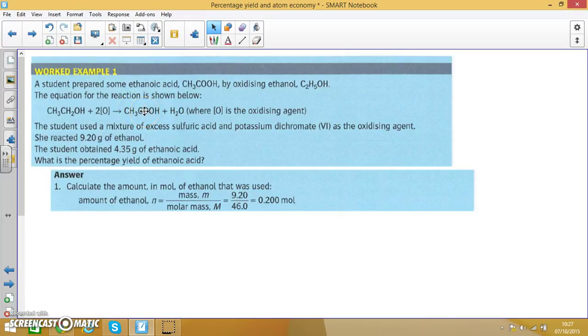And because we've got 0.2 moles of ethanol, if we had 100% percentage yield, we ought to get 0.2 moles of this ethanoic acid. So the next thing to do is to work out how many moles of ethanoic acid we do actually get, and we do that like this.